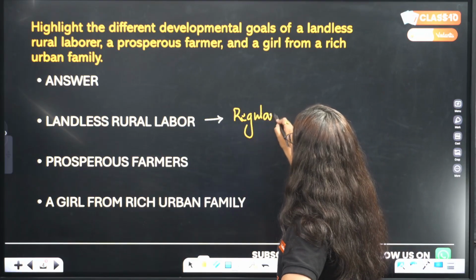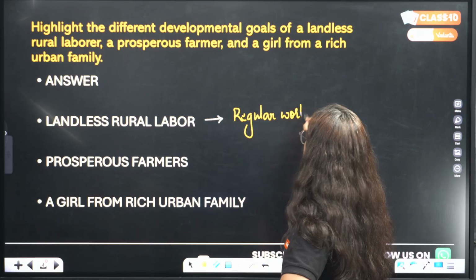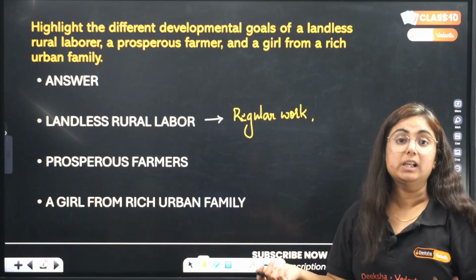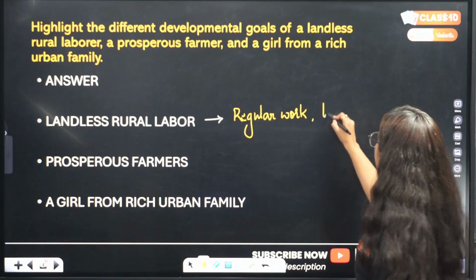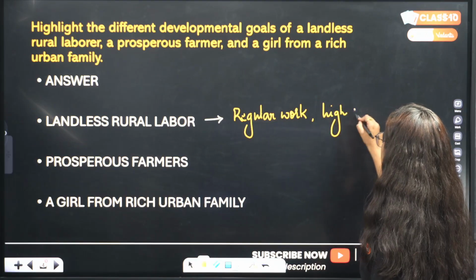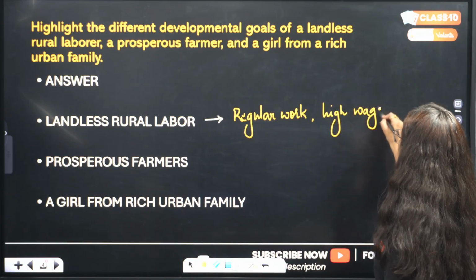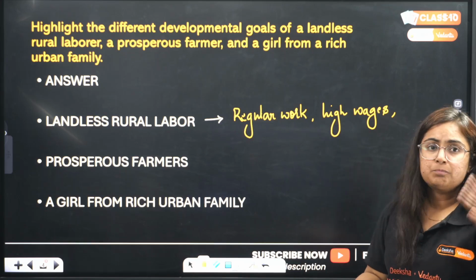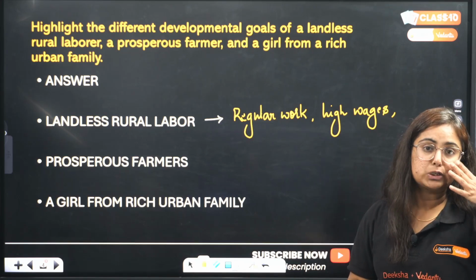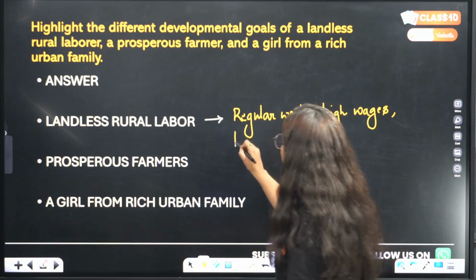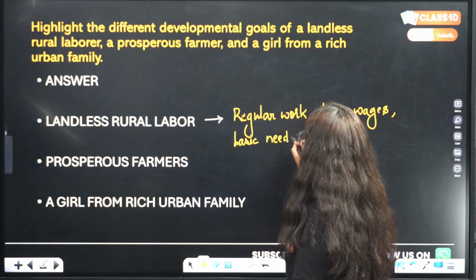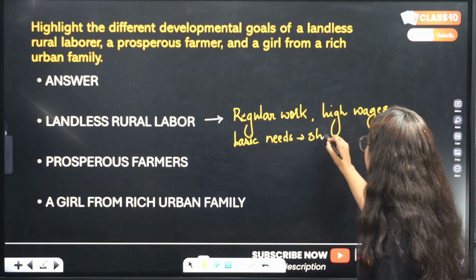Regular work, because I am a landless labor, I am working on others' fields, so I should get regular work. Then I should get high as well as regular wages. This might be the thinking or developmental goals of that person, so that the person can fulfill the basic needs like shelter, clothing, everything.